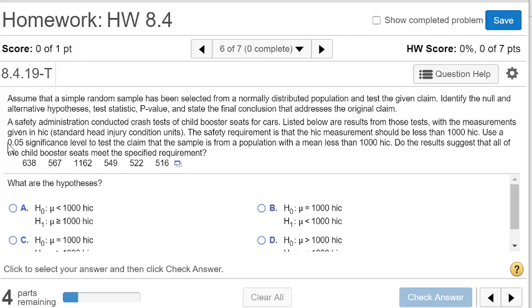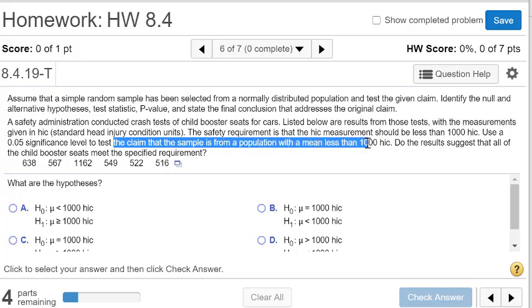Use a 0.05 significance level to test the claim that the sample is from a population with a mean less than 1000 HIC. Do the results suggest that all of the child booster seats meet the requirement?